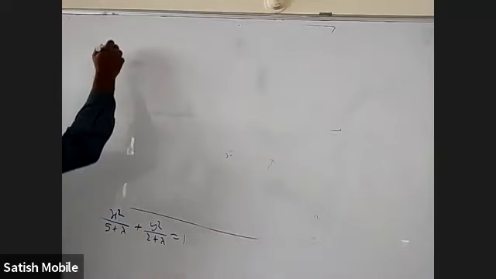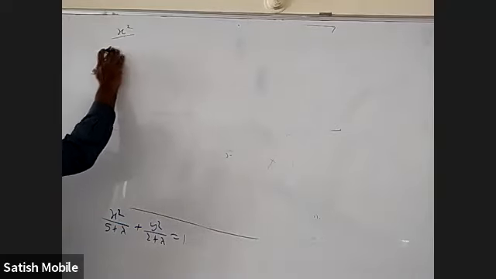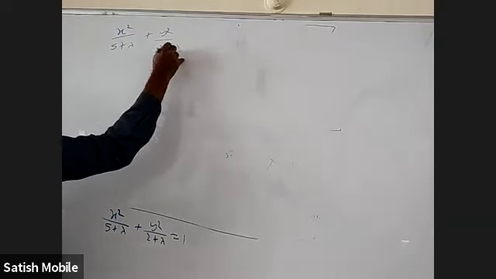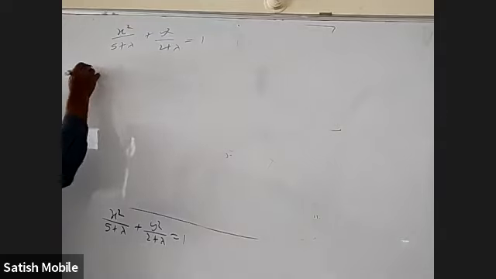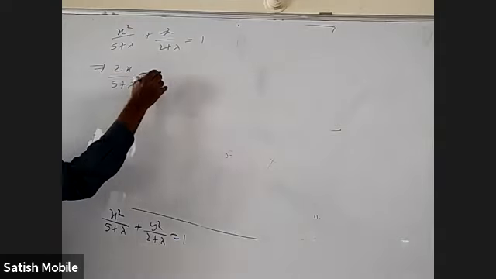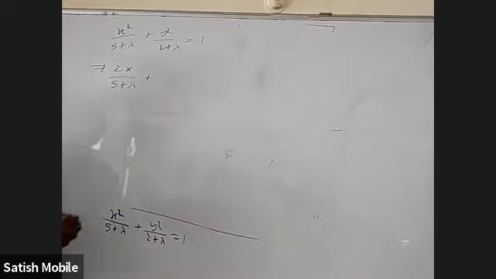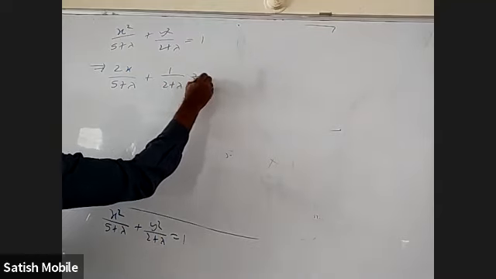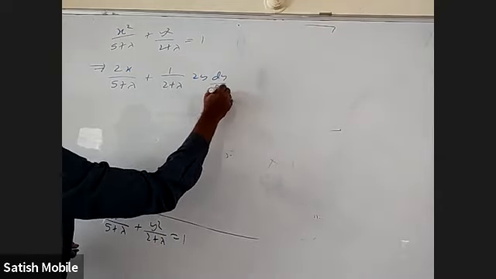x square by 5 plus lambda plus y square by 2 plus lambda is equal to 1. And I differentiate: 2x by 5 plus lambda and 1 by 2 plus lambda into 2y dy by dx is equal to 0.